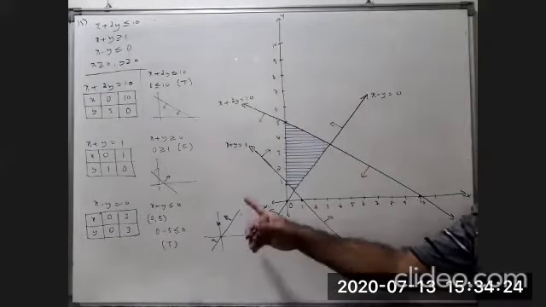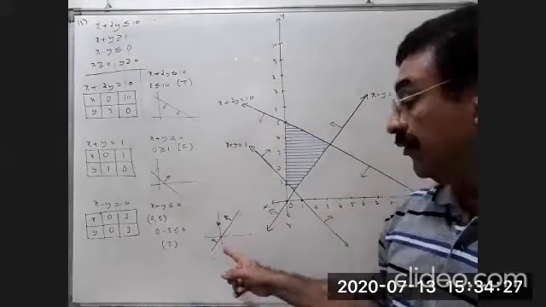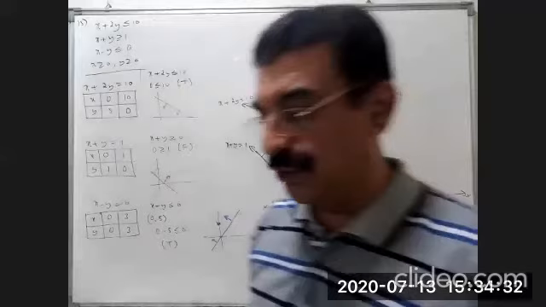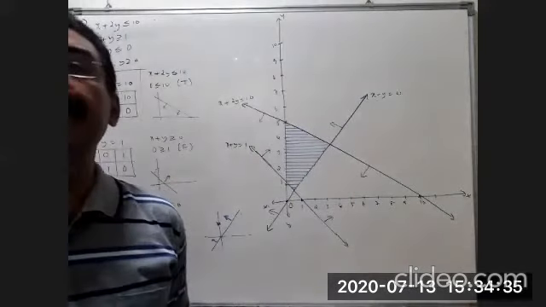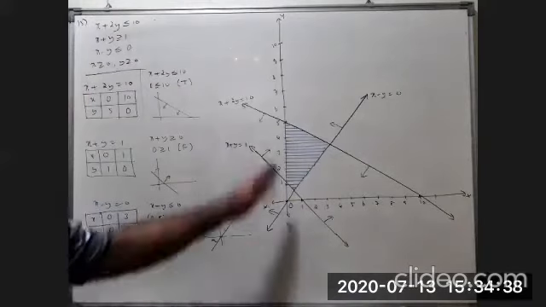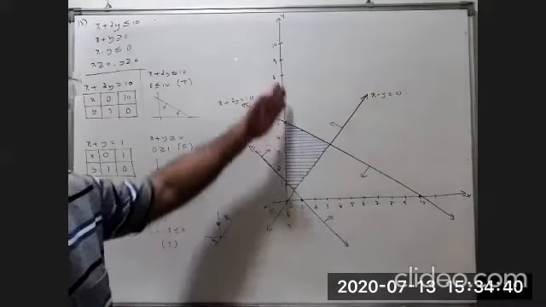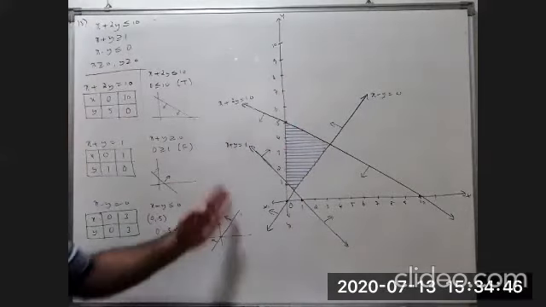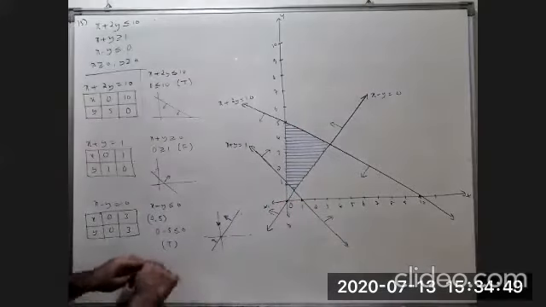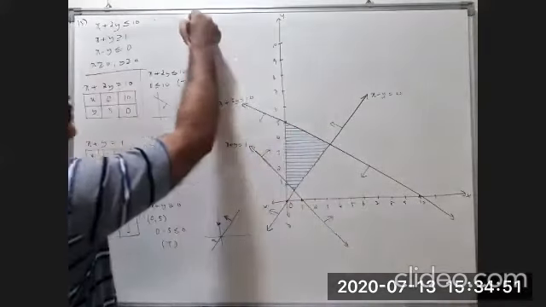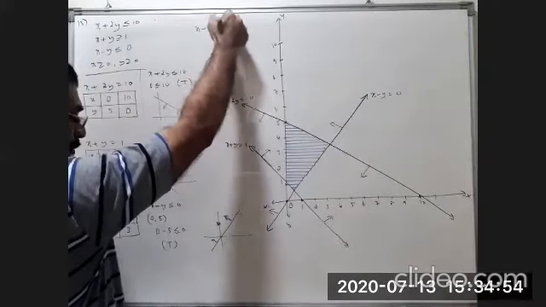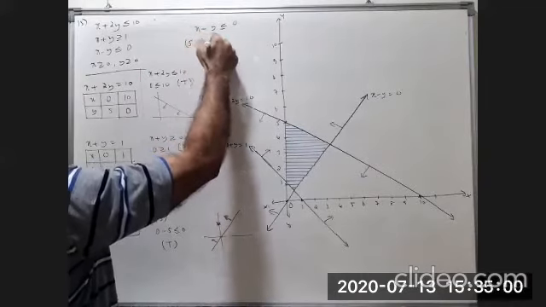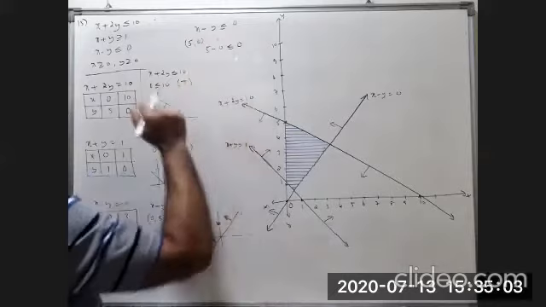So remember, if the line is passing through the origin, we cannot take 0, 0. In that case, take a point on one of the axes. You can take any point on the x-axis or y-axis, up to you. If you take a point on the x-axis, for example in this question, x minus y less than or equal to 0, if I take the point 5, 0, then 5 minus 0 is false.